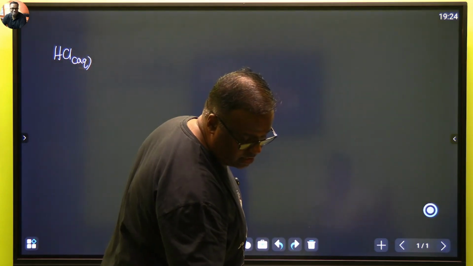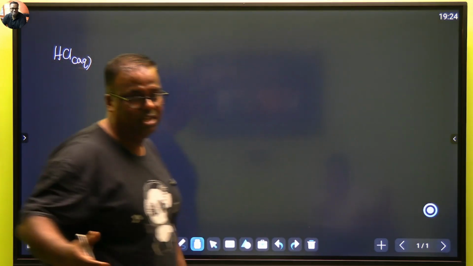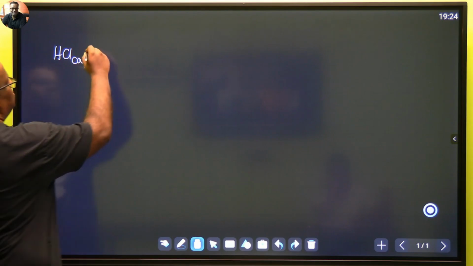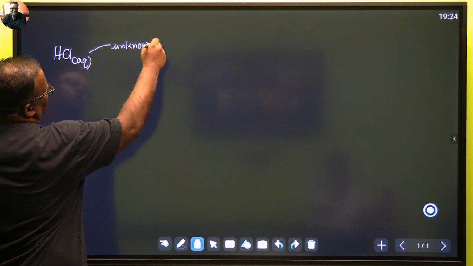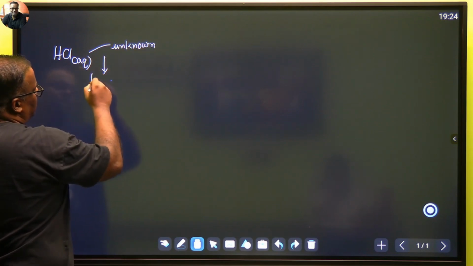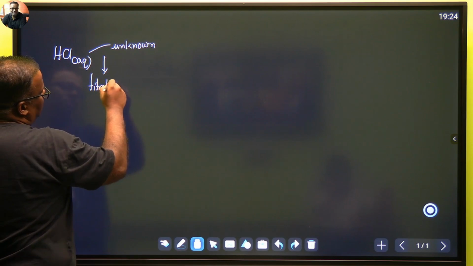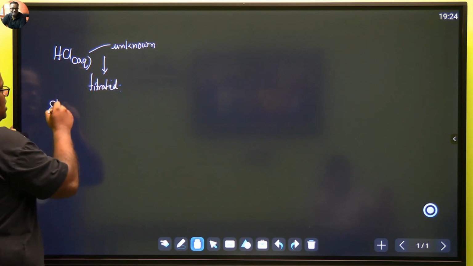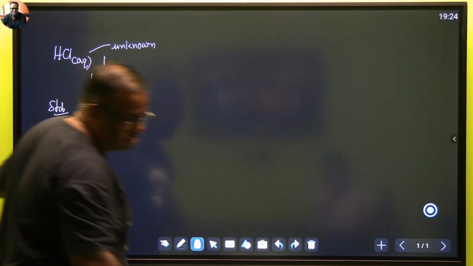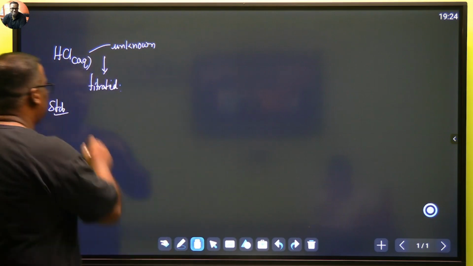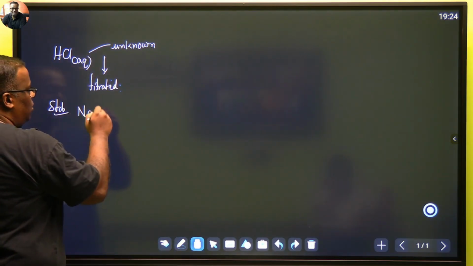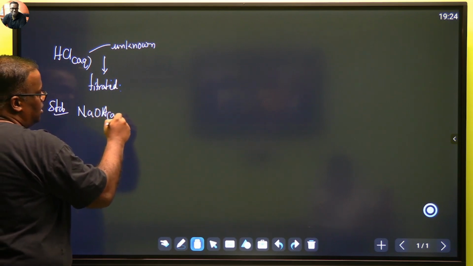A solution of hydrochloric acid is titrated against a standard solution. So this one is my unknown. First write the question. Is titrated against a standard. And what is my standard? The standard is sodium hydroxide solution. NaOH is my standard, right?